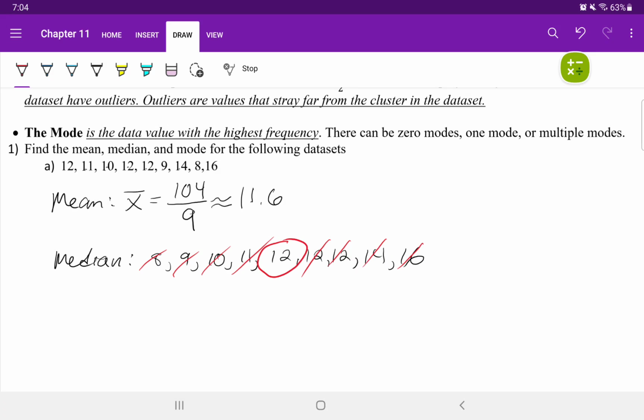The middle value is 12, therefore the median is 12. The mode represents which data value occurs the most, if there is a mode. And if we notice, 12 appears more than any other number in the data set, so my mode is 12. That is how we find the mean, median, and mode of our data.